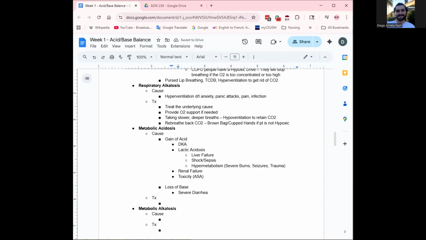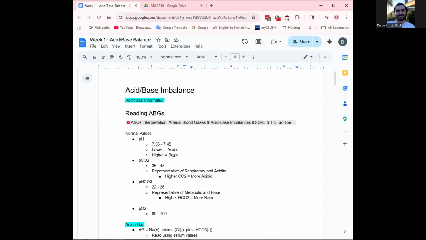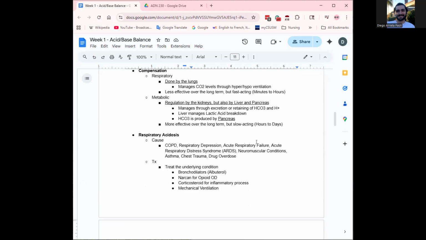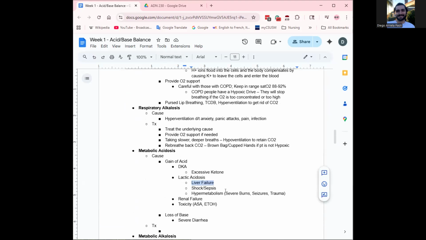Okay, so this is kind of how that goes. Like we mentioned, the excessive ketones, DKA, so excessive ketone production, lactic acid buildup. We mentioned in the overview how the liver plays a role in the acid-base balance because it helps to break down lactic acid. So having liver failure can cause you to have lactic acidosis.